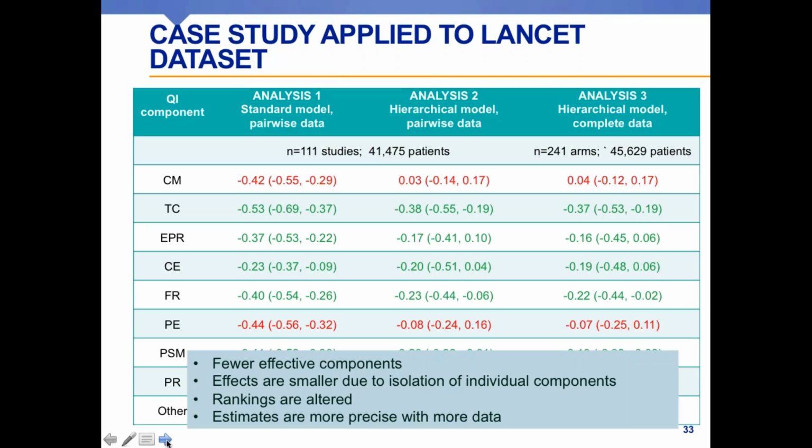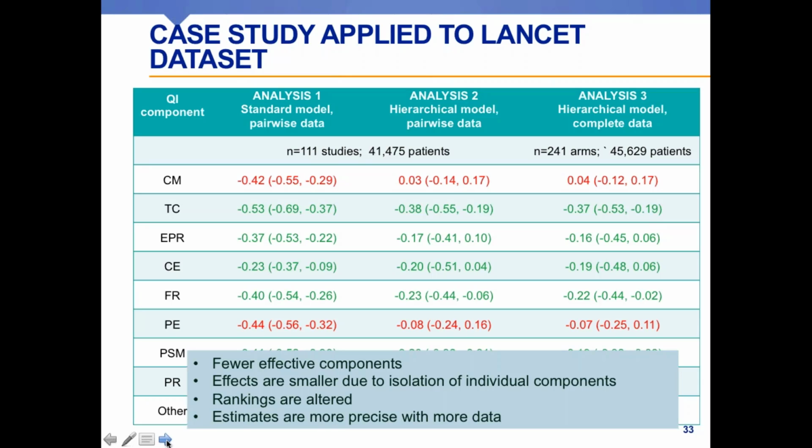So team changes, for example, is still the most effective, but is less effective. And there's fewer components that cross that line of significance. So even though they're having an effect, they're not as significantly effective as before. But we feel that this is likely more realistic and likely assessing the unique contribution of these components.